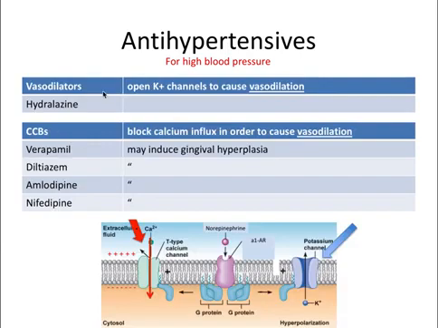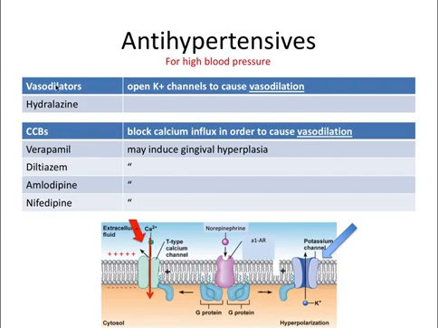Some more antihypertensives. These two drug categories have to do with the action potential, which is the change in electrical potential across the membrane of a nerve or muscle cell to allow the travel of an electrical impulse or signal through that cell.